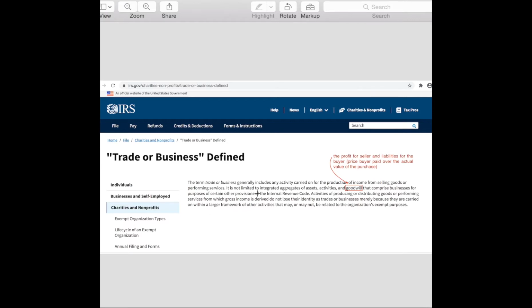It is not limited to integrated aggregates of assets, activities, and goodwill that comprise businesses for purposes of certain other provisions of the Internal Revenue Code. Activities of producing or distributing goods or performing services from which gross income is derived do not lose their identity as trades or businesses merely because they are carried on within a large framework of other activities that may or may not be related to the organization's exempt purposes.